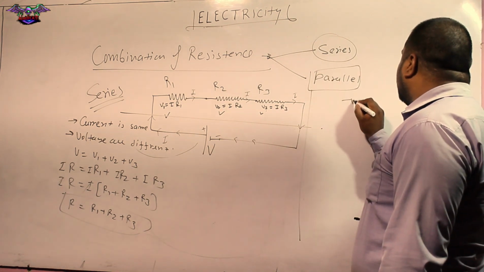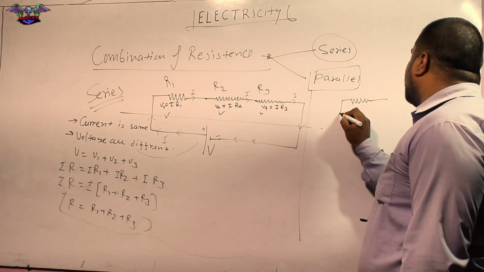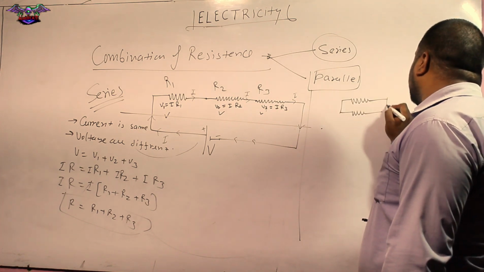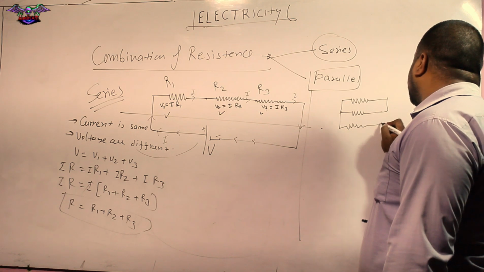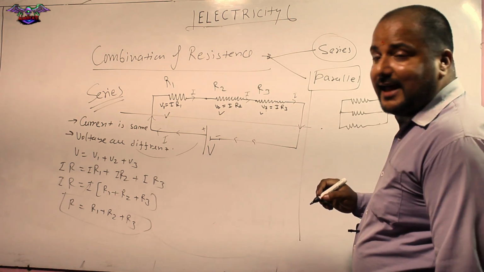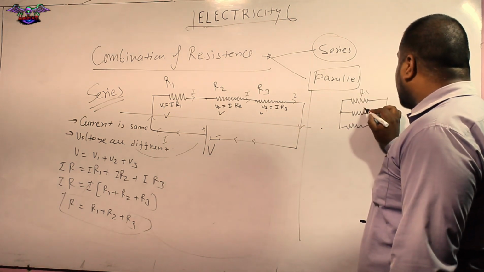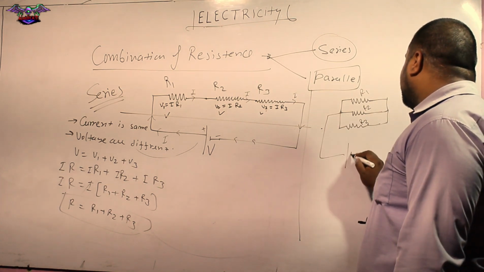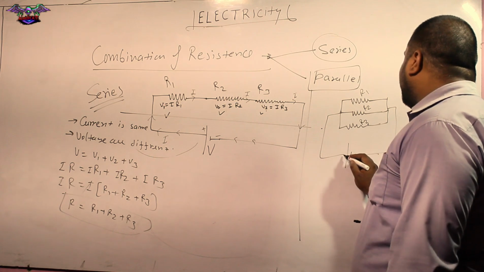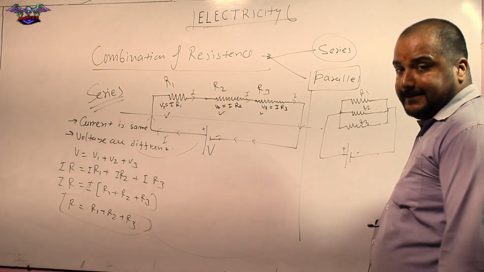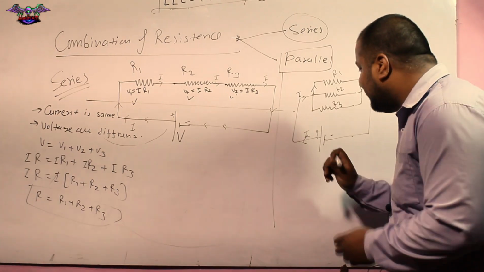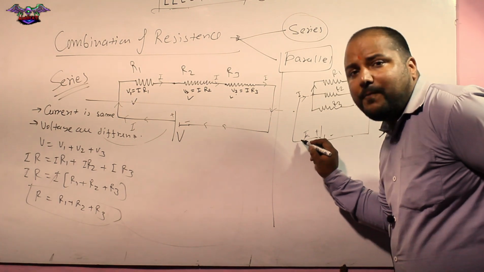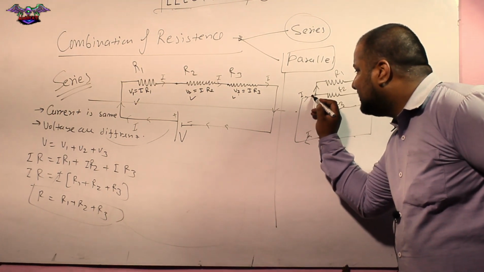For a parallel circuit, take the first resistance, another resistance in parallel with it, and a third one like this. You can join more resistances like this. So this is the resistance R1, this is R2, this is R3, and join this with one cell or battery, with plus and minus. Now current has no path other than this till this point.